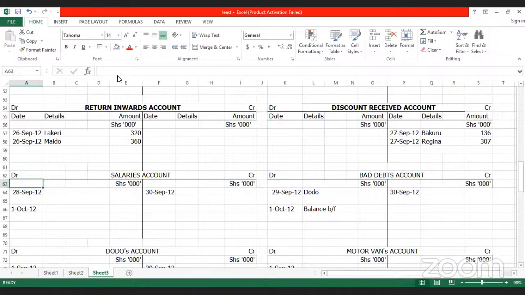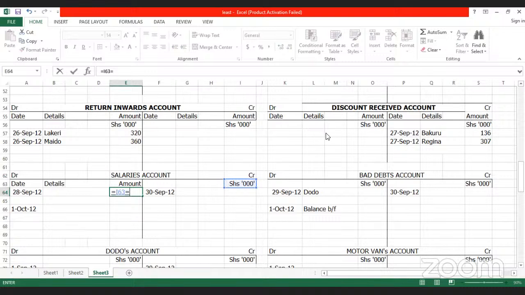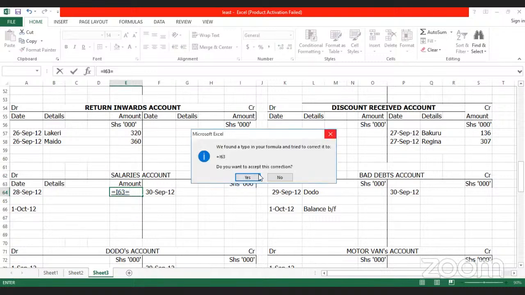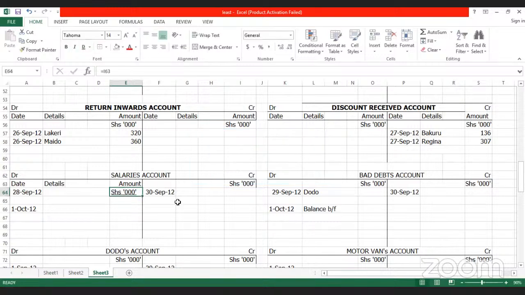We need to complete the double entry by debiting the salaries account. Don't forget the details.